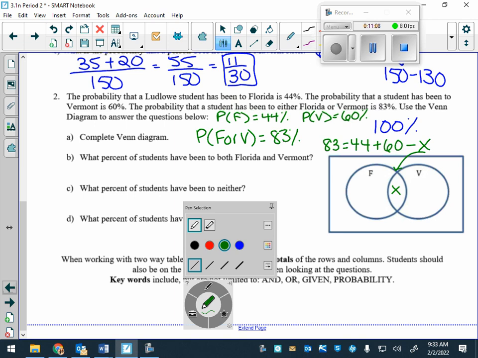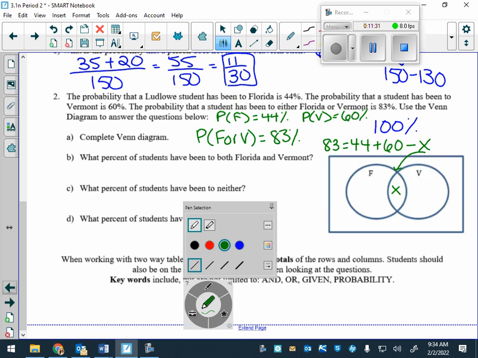So how do I figure that out? What do we do? Yeah, Grant. Solve for x. All right. So go ahead and solve for x and tell me what you get. How many people have been to both Florida and Vermont?